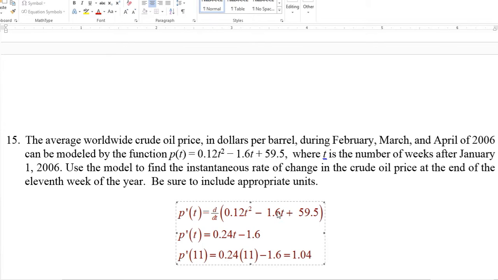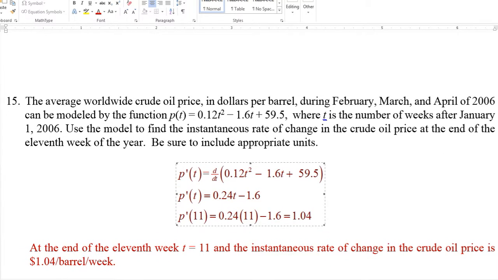Anytime you have a linear function like this, it's just negative 1.6, or if you want to think power rule, it works: 1 times negative 1.6 is that, and this goes down to the 0 power, t to the 0 is 1, so there's that, and the derivative of that constant term is 0. So there's the derivative, and then we just evaluate at 11 by taking 0.24 times 11 minus 1.6, and we get 1.04.